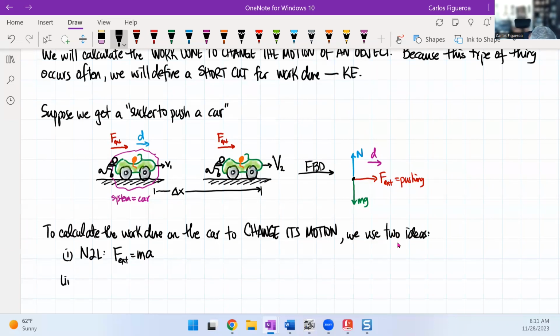The second idea is kinematics. I don't want to draw a motion diagram or set up a table.